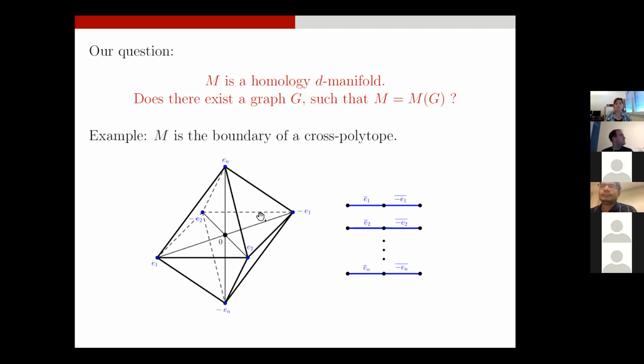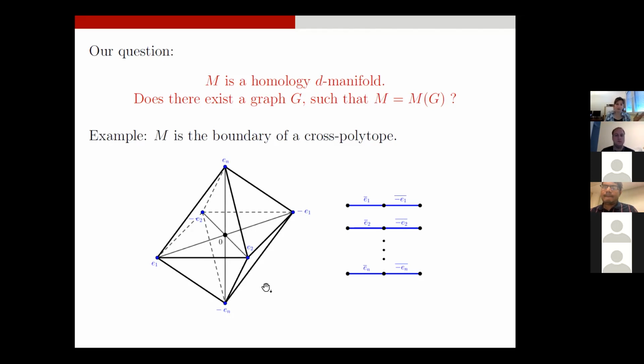And we want to think about this because this is a sphere, right? This boundary is a sphere. It can be in any dimension. And we have a nice description of this simplicial complex. We know that a set of vertices forms a simplex if and only if we don't have two opposite points in it. So we know how the graph should look.